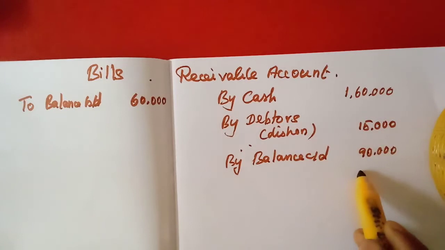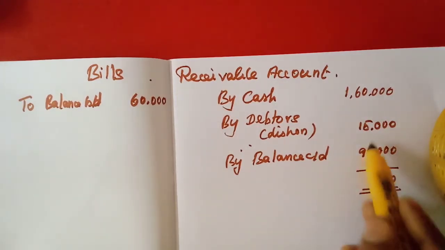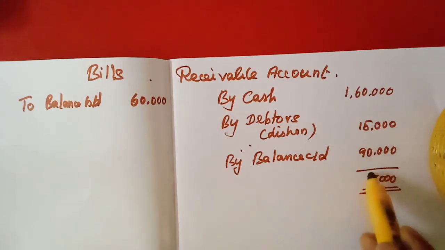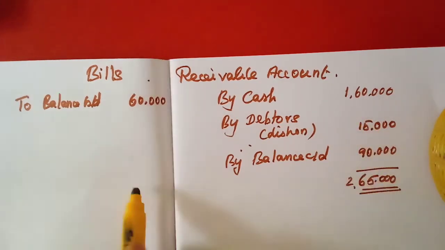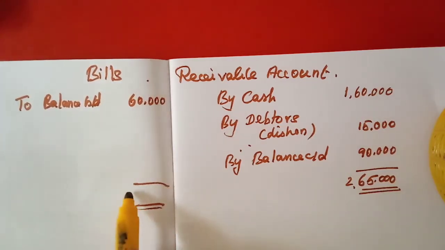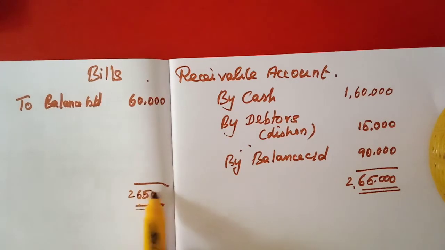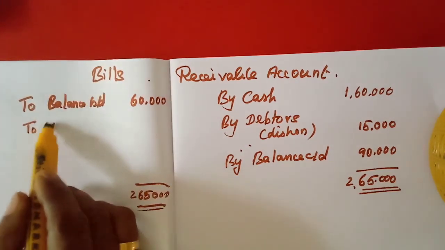Now we will calculate the balance. 0, 0, 0, 5, 10, 16, balance 2,65,000. Write that amount also here. So here the balancing figure, here debtors.